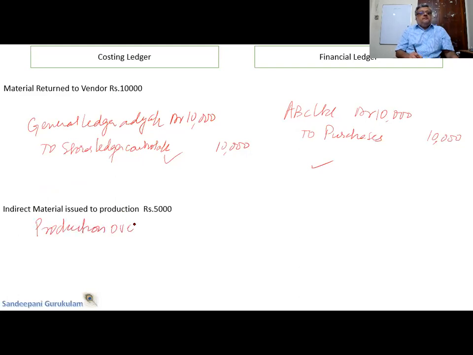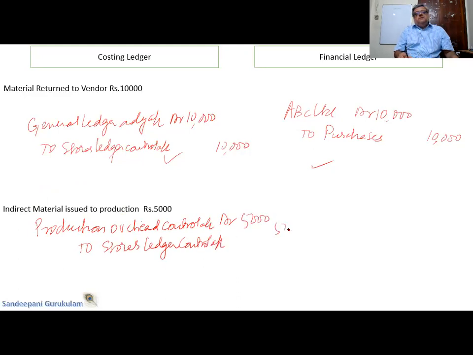Production overhead control account debit to stores ledger control account, 5,000. Both the components are available in your costing ledger, so there is no necessity for going for general ledger adjustment account. You should be very careful on that.